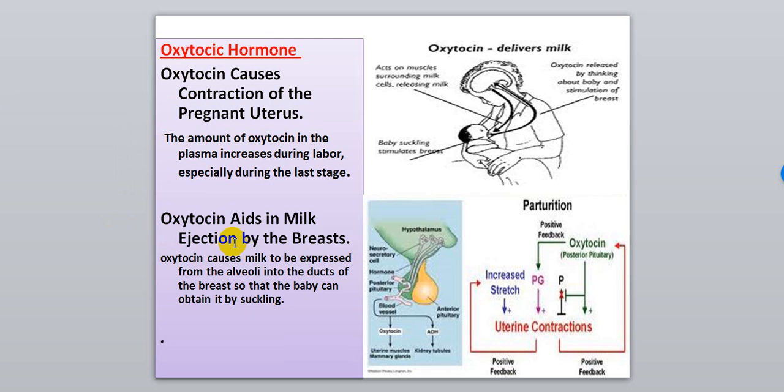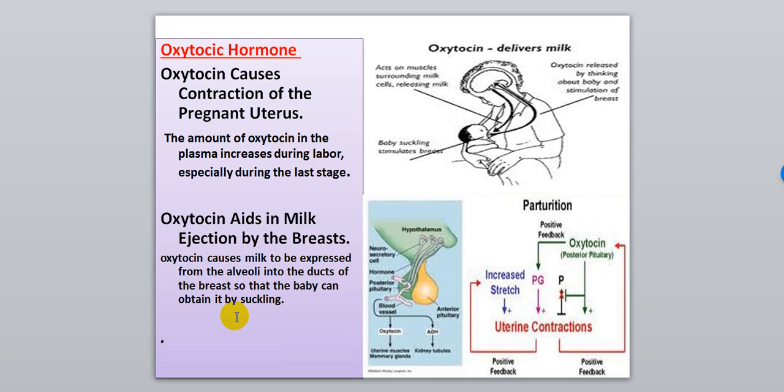Also there is another effect of oxytocin, which is milk ejection by the breast: it causes milk to be expressed from the alveoli into the ducts of the breast, so the baby can obtain the milk by suckling. The suckling process is a type of positive feedback. The more suckling I have, the more secretion of oxytocin from the posterior pituitary gland, and this oxytocin causes more and more ejection of milk.